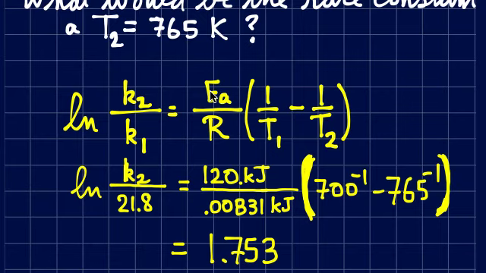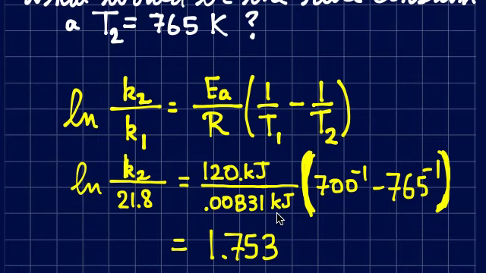If my activation energy was determined to be 120 kilojoules, I need to make sure the gas constant is in the same units. It's usually 8.31 joules per mole Kelvin. If we have this in kilojoules, let's have that in kilojoules as well so they match up. Or I could call this 120,000 joules and this is 8.31 joules. Whichever way you look at it.